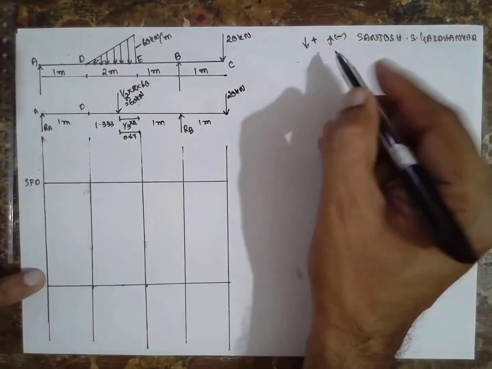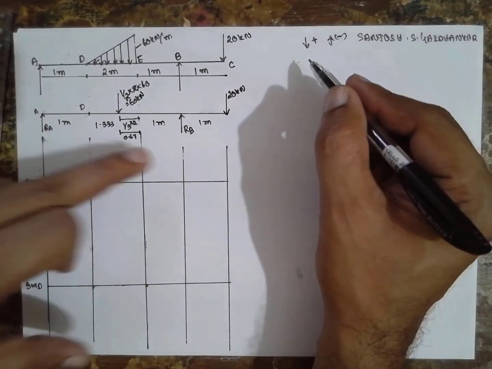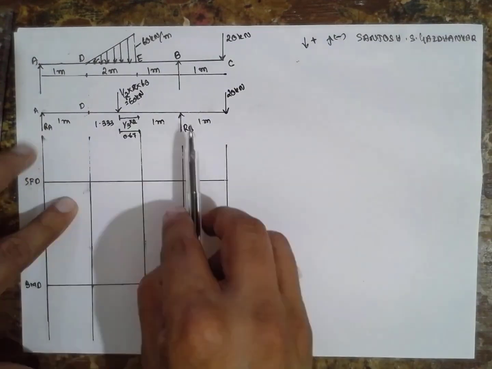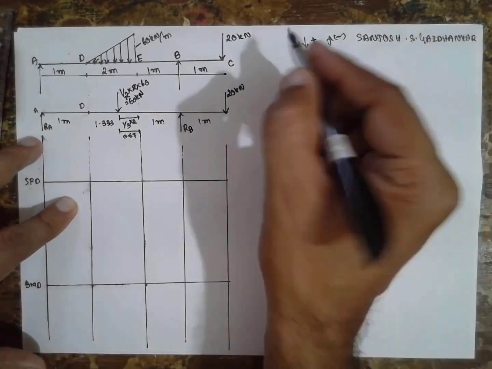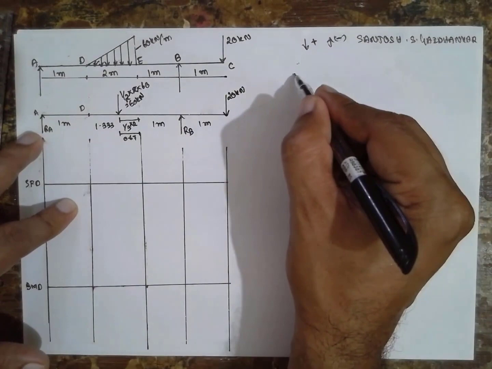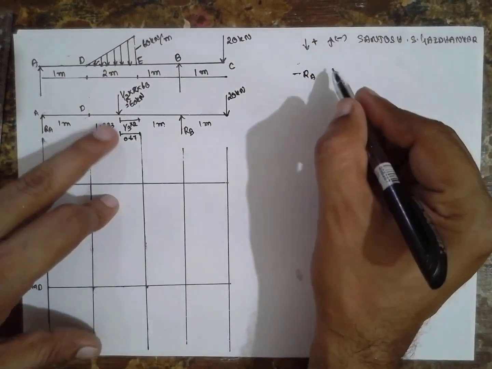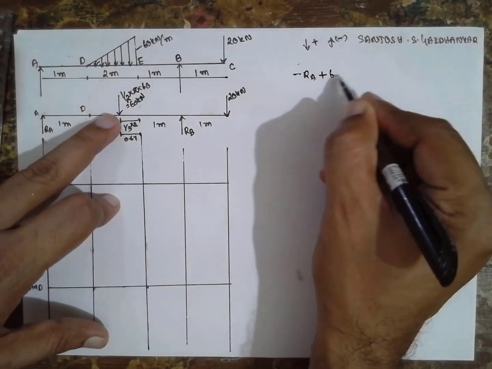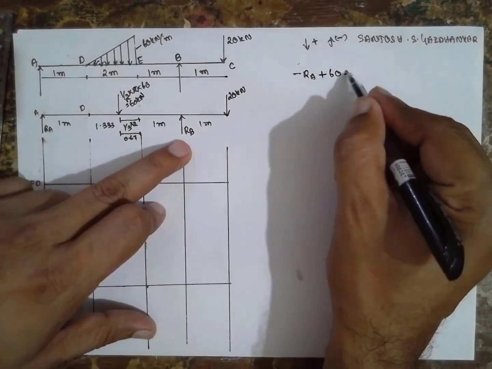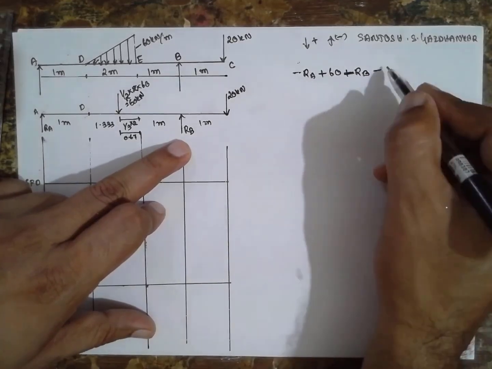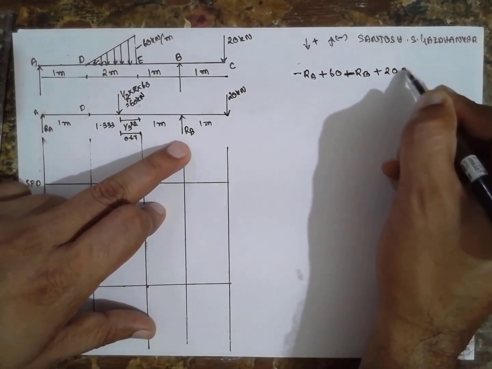First I will find out the reactions here, RA and RB. Now how to find out? I am considering this bottom as negative. RA plus 60 minus RB plus 20 is equal to 0.